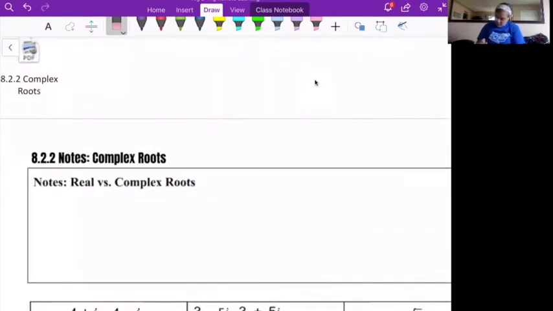A real root is going to be either rational or irrational. And so our real roots also include our square root numbers.